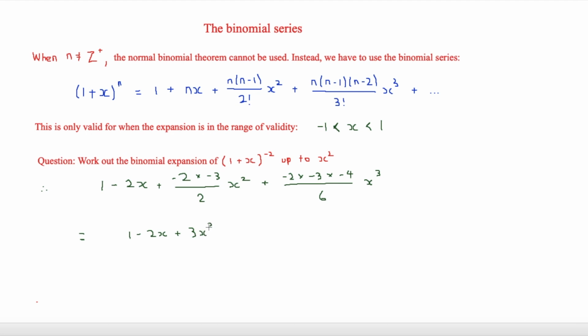We didn't actually have to do the x cubed here because it said up to x squared, but we have done it, so minus 2 times minus 3 times minus 4 is equal to minus 24, divided by 6 is equal to minus 4x cubed, and then so on. But normally it will ask you for up to x squared or up to x cubed.